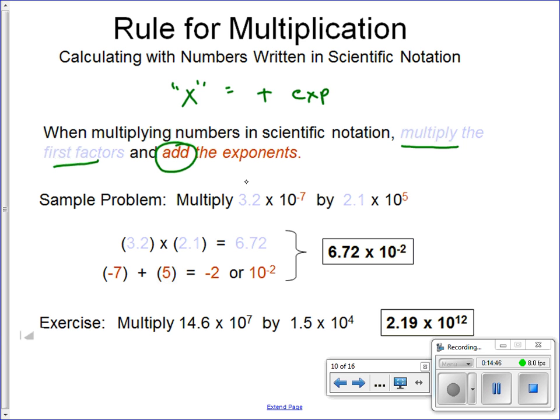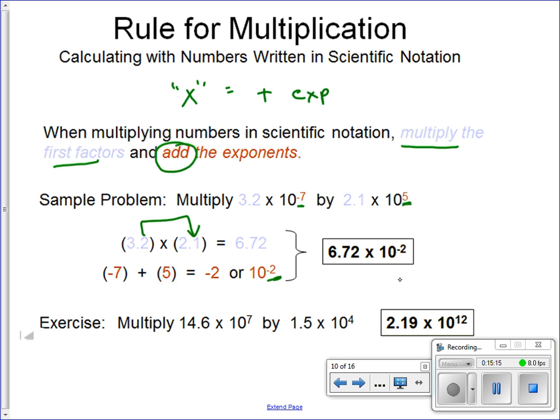Okay, so here let's multiply 3.2 times 10 to the -7th by 2.1 times 10 to the 5th. First, you're going to multiply your mantissas. 3.2 times 2.1 is 6.72. Then you're going to add your exponents. Negative 7 plus 5 is negative 2. So this is 6.72 times 10 to the negative 2nd.